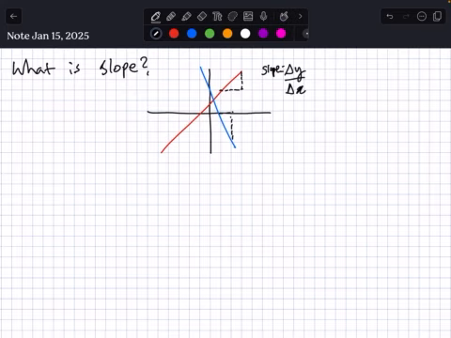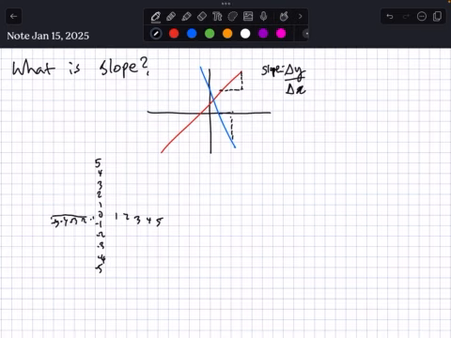Now we can formalize it a bit and actually add numbers. So let's get another graph going. Let's do it like this: 5, 4, 3, 2, 1, 0, -1, -2, -3, 4, 5, and we have 1, 2, 3, 4, 5 on this side, and -1, -2, -3, 4, 5 on the other side.